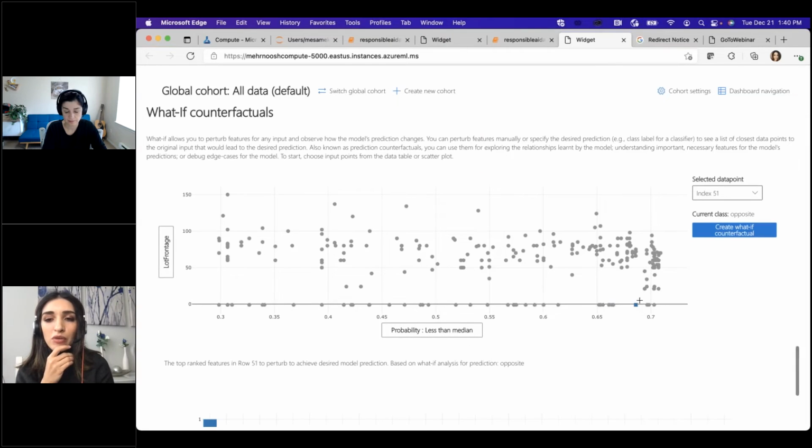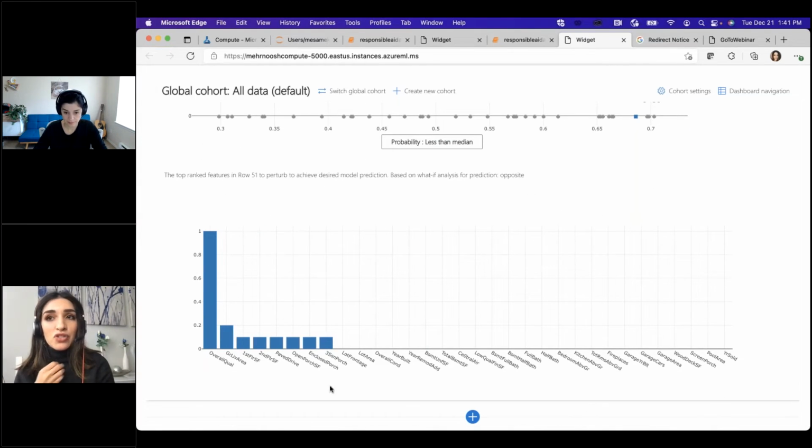So this is a house that in particular has a high probability of being predicted to sell for less than median. Something that grabs my attention is this chart, which tells me what are the top K factors that lead the most to the counterfactual for this data point.